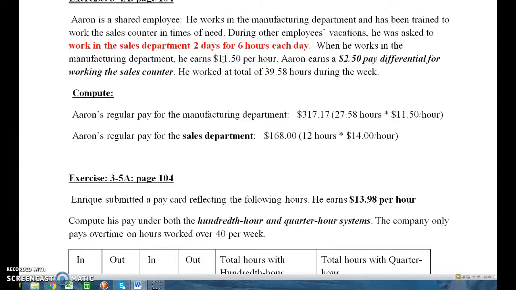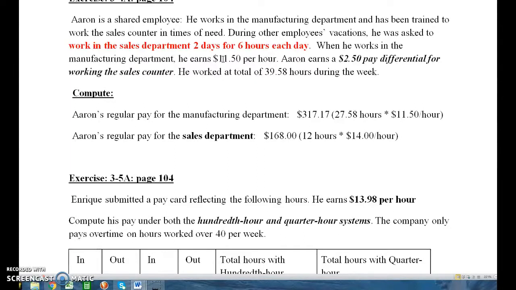Now, he worked 39.58 hours during the week. In order to figure out what he worked in manufacturing, we take 39.58 minus 12, which is 27.58 hours, multiplied by $11.50 per hour. In the manufacturing department, he earned $317.17.